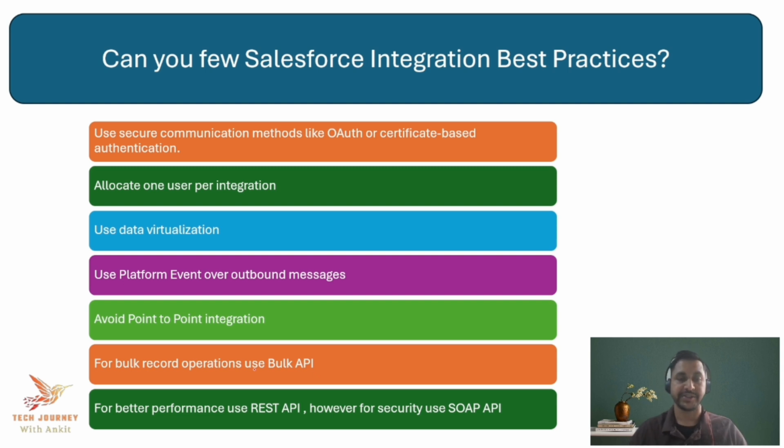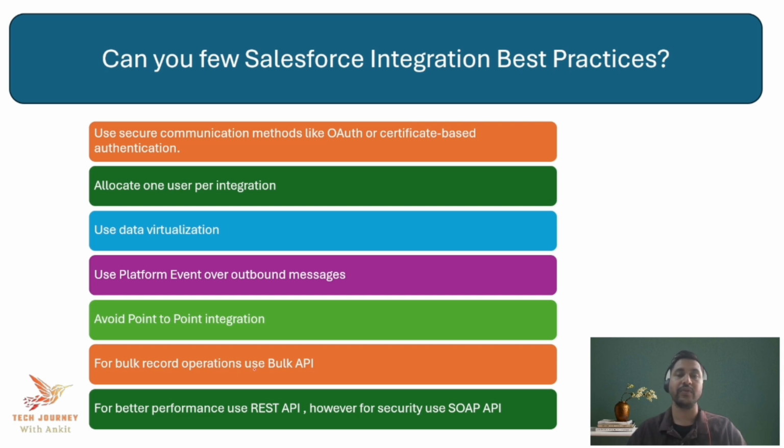Whenever you have to perform operations on bulk records, always try to use bulk APIs over the REST APIs or the SOAP API. We already discussed the good practices to be followed for the bulk API in the second part of the video, so make sure that you go over that as well.